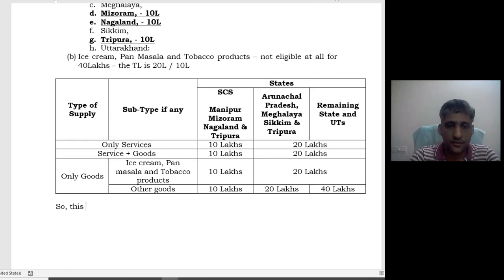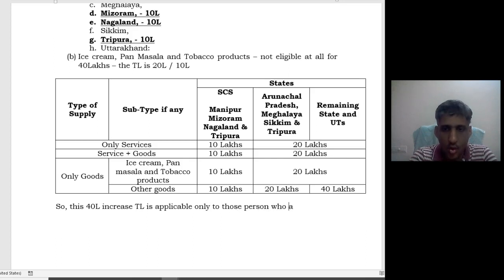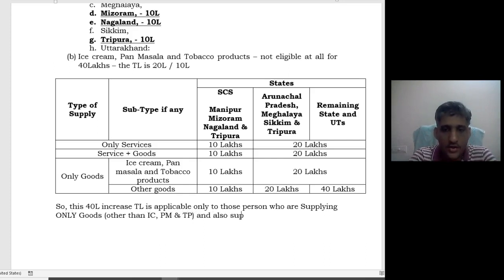So this 40 lakh increased threshold limit is applicable only to those persons who are supplying only goods, other than ice cream, pan masala and tobacco products, and also supplying from anywhere in India except 8 states.